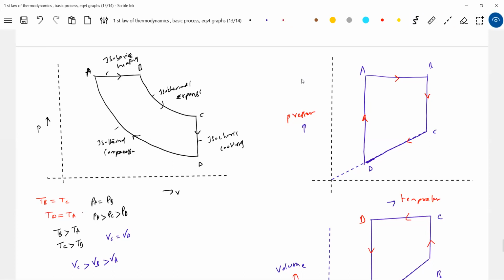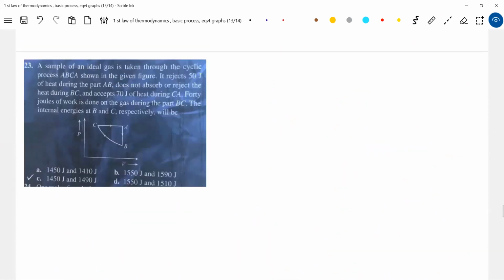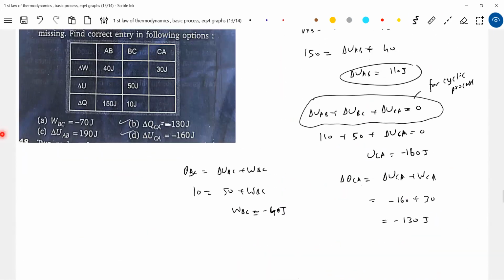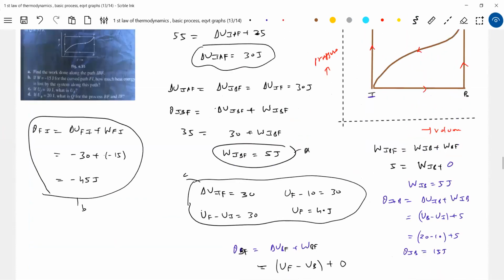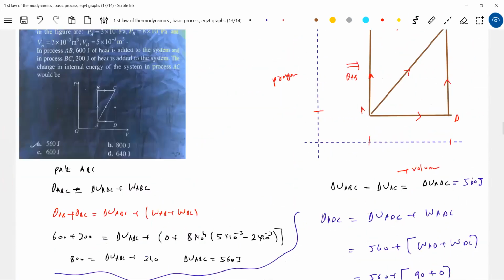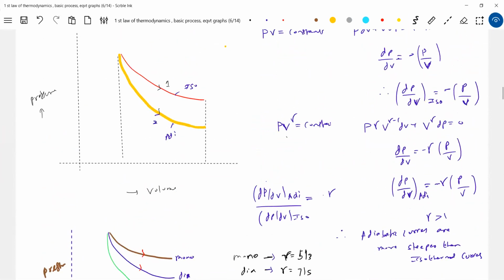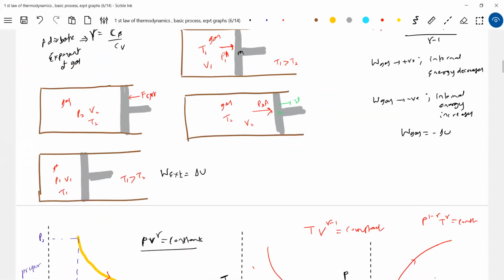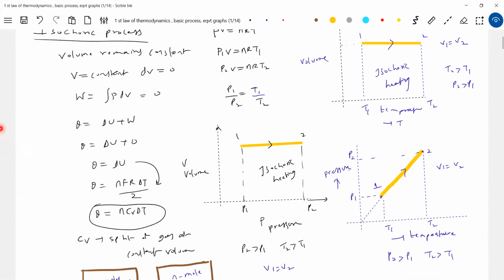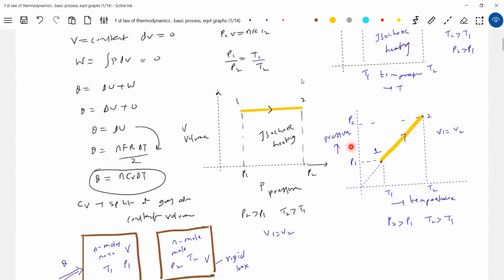An isochoric process, a straight line passing through the origin. Isochoric process in a PT graph is a straight line passing through the origin. Your memory should be very strong.